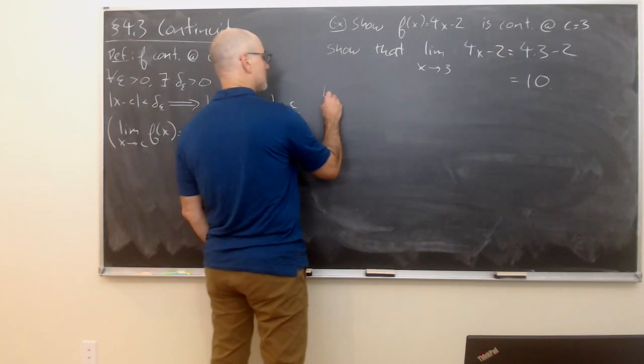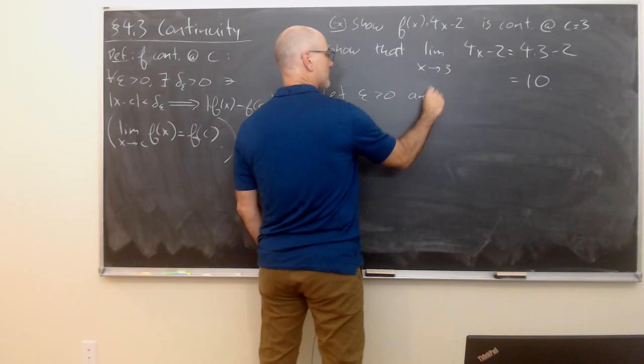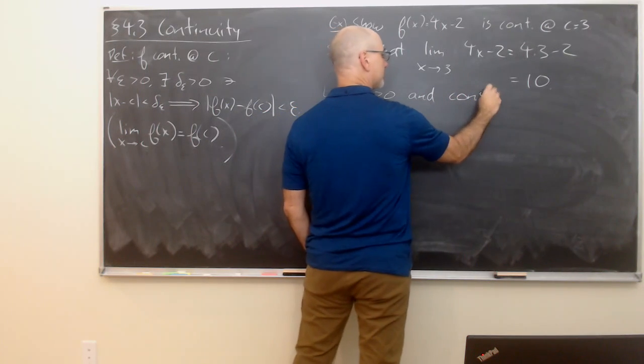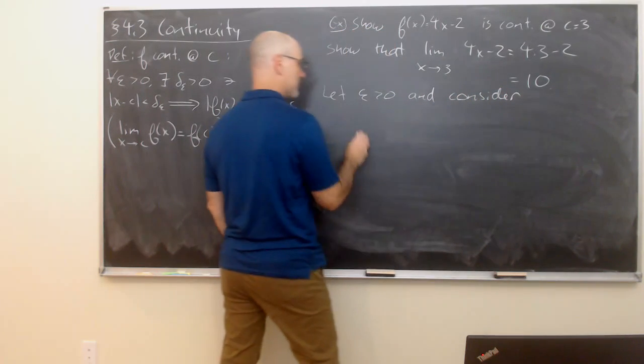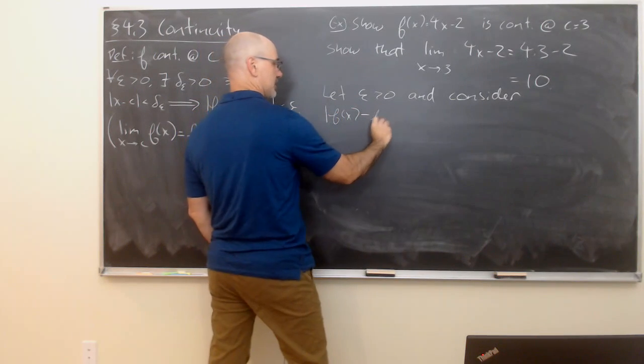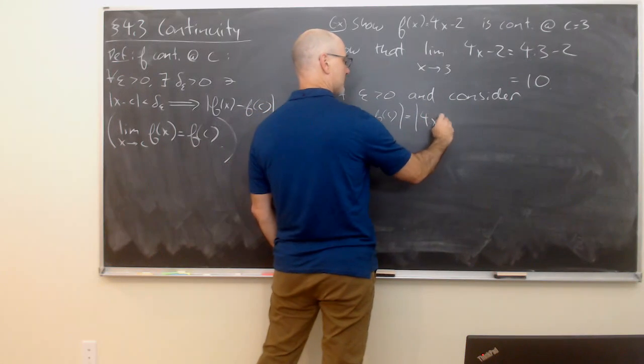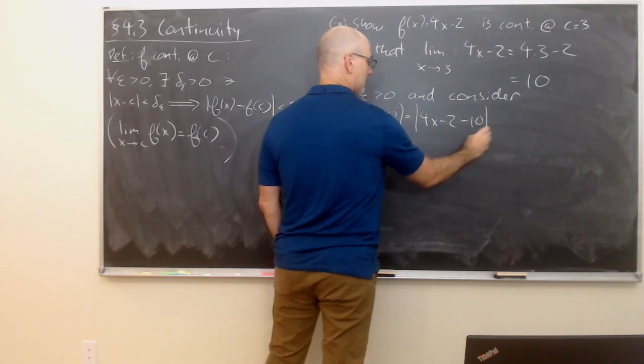And so let epsilon be bigger than 0 and consider the thing we want to make small: the absolute value of f of x minus f of c, which is 4x minus 2 minus 10.